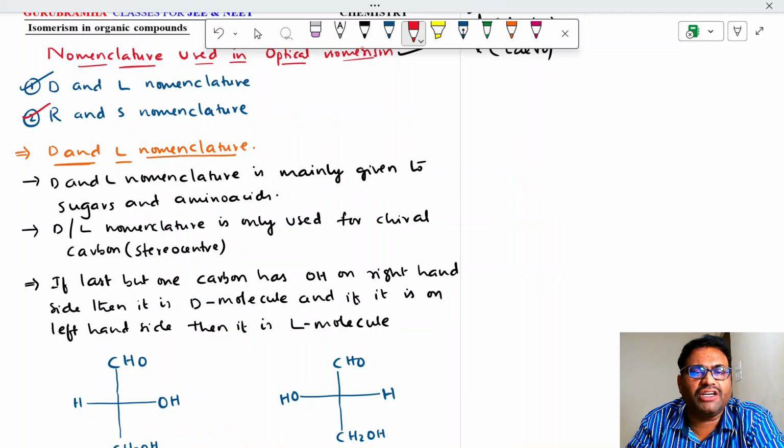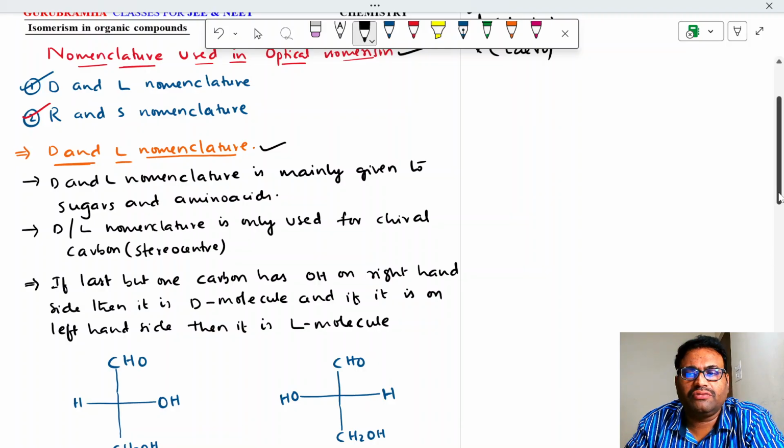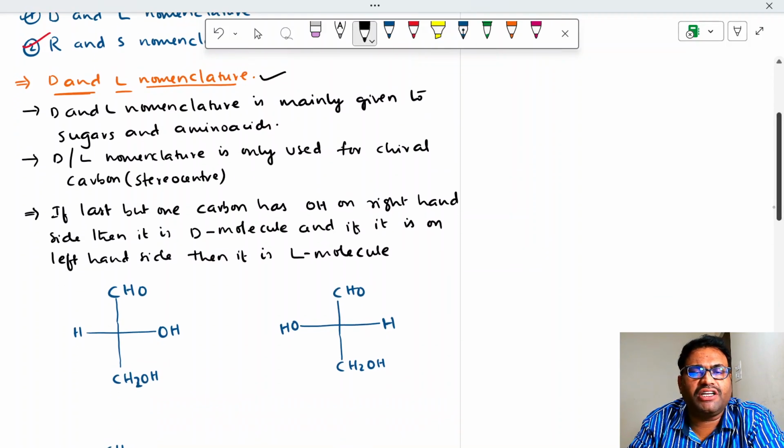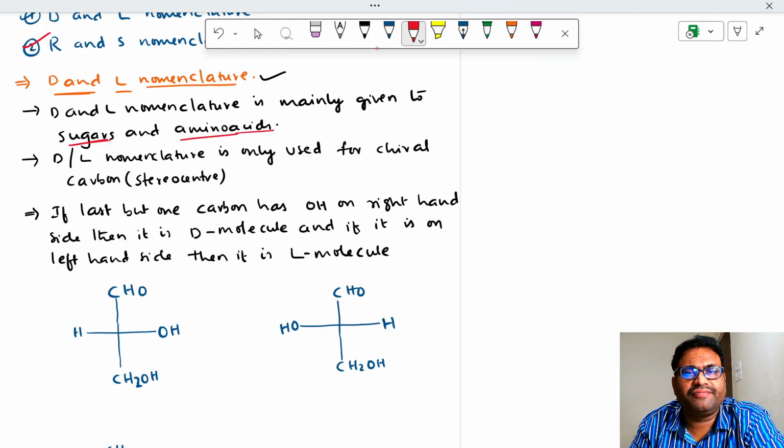Let us first go with the D and L nomenclature. What does this D and L nomenclature represent? D and L nomenclature is mainly given to sugars and amino acids. So D and L nomenclature is mainly given to carbohydrates, monosaccharides and amino acids. D and L nomenclature is only used for chiral carbon.